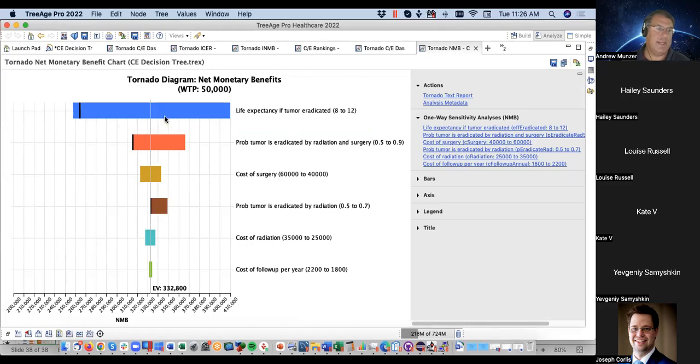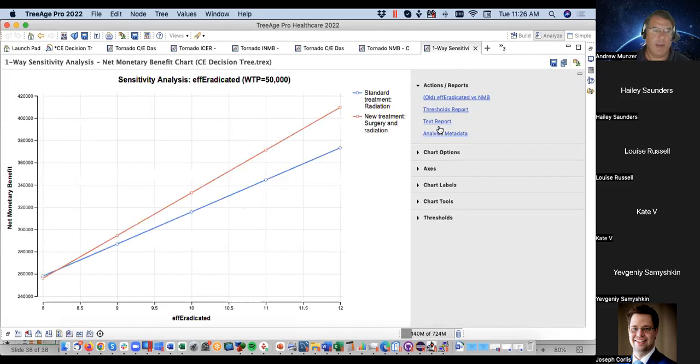The problem with this is the width of this bar is not particularly meaningful, and to me the meaningful point is the cost effectiveness threshold, that little black line within the bar. But if you think about it, this is the change in NMB of the optimal strategy. If we look at this one, what it's really showing you is that from that blue point up to this red point there's quite a bit of change.